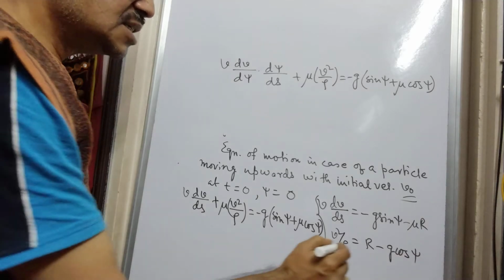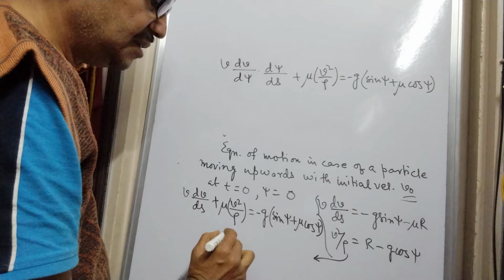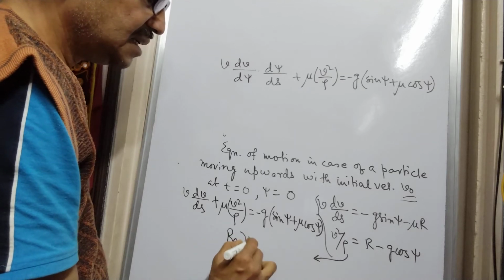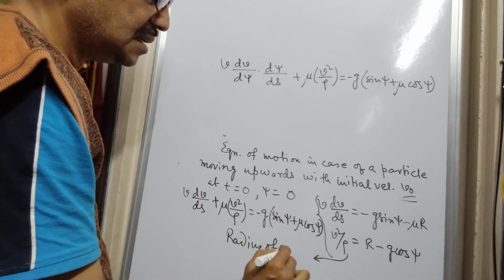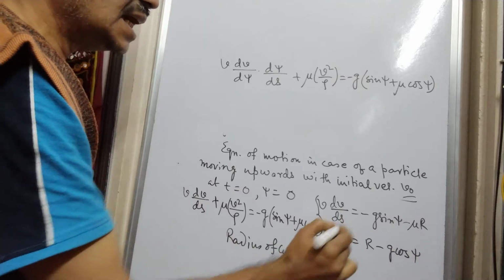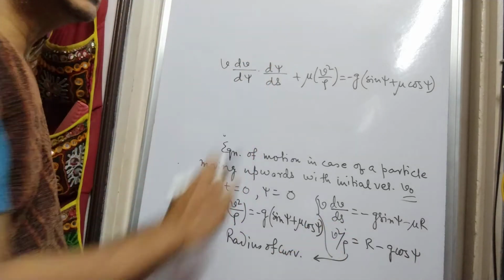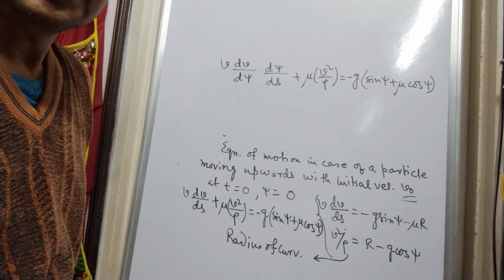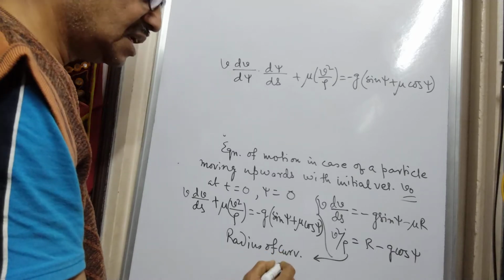and since this rho is defined to be the radius of curvature and s is the arc length, we all know that dpsi/ds is nothing but 1 by rho. This is a formula or definition of radius of curvature.